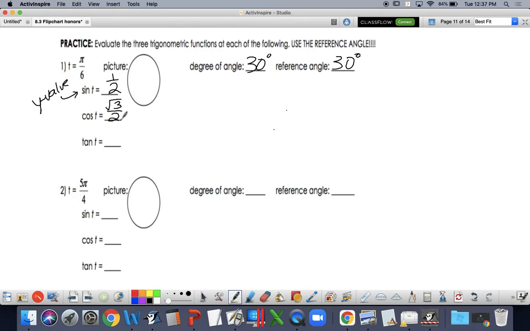Now the tangent of 30 degrees, like I said, you have two options. You can memorize it from that first table we did together, or we're just going to do the math out so we can see it. If tangent is sine divided by cosine, that's why I asked you in this order. The tangent of 30 is sine, 1/2, divided by cosine, square root of 3 over 2.